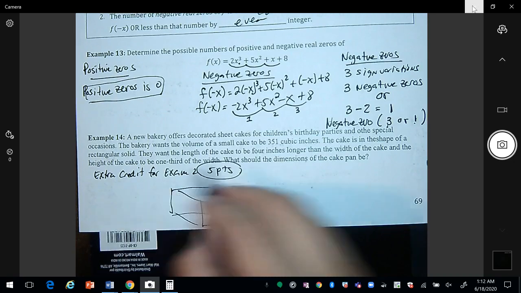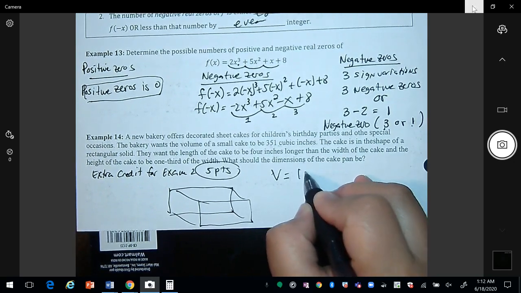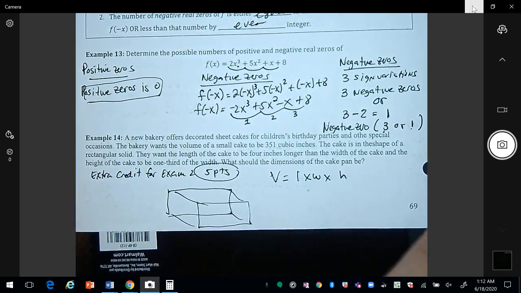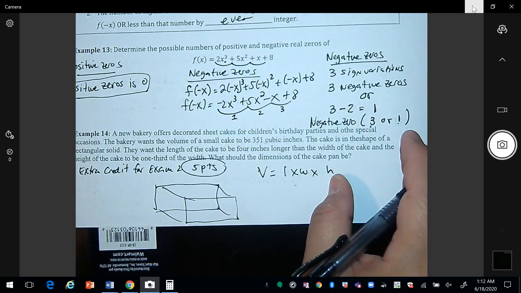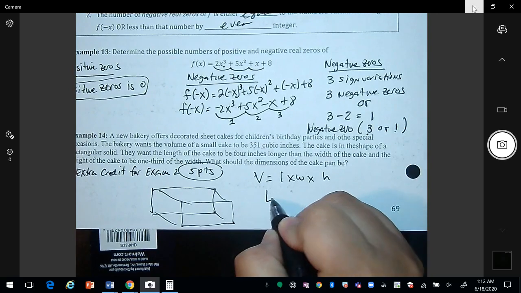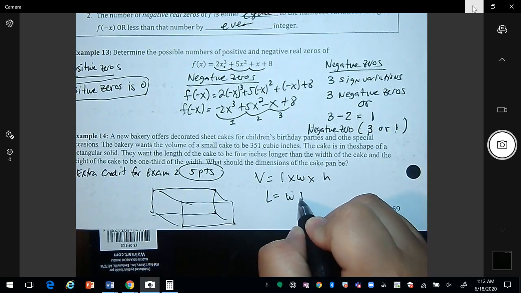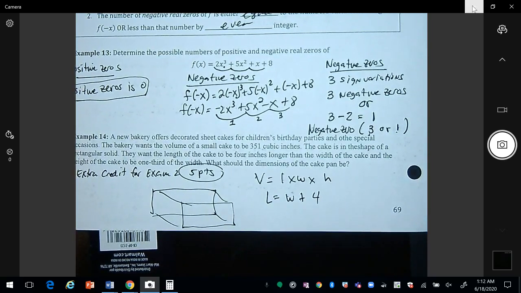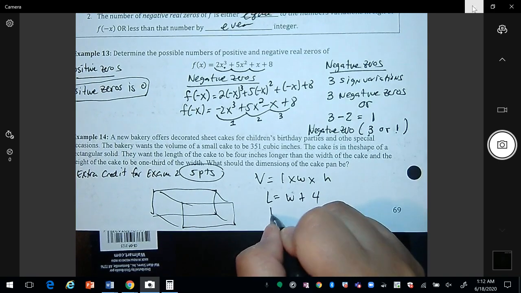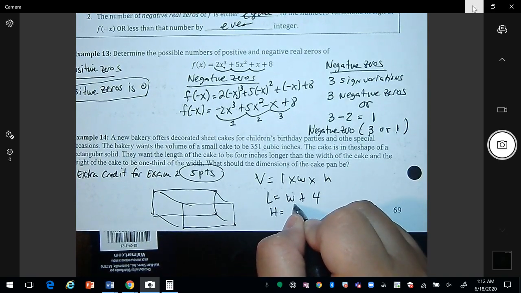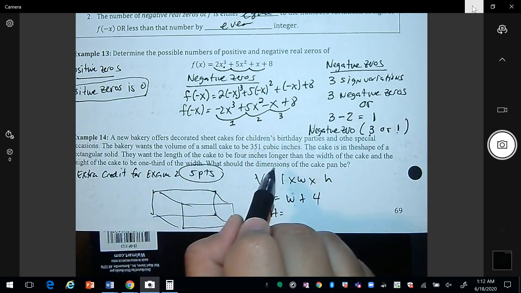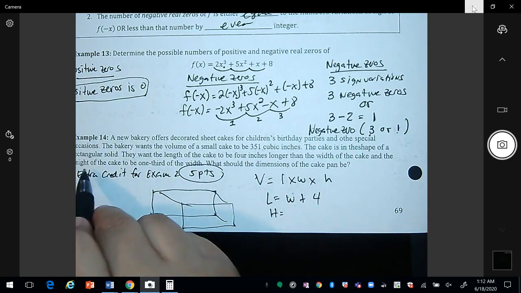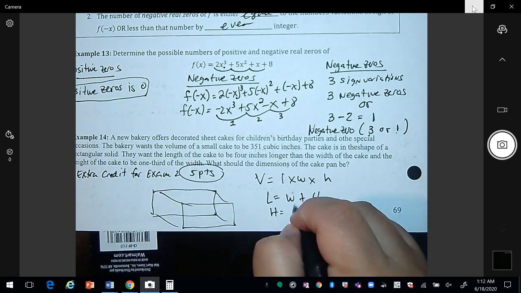Okay, so the volume is given by length times width times height. And it wants to know what the dimensions of the cake should be. So the length, they tell us, will be the width plus 4 inches. And the height of the cake is 1/3 of the width.